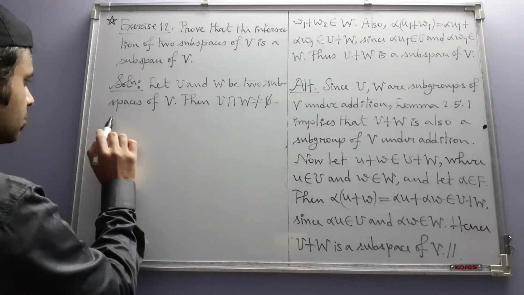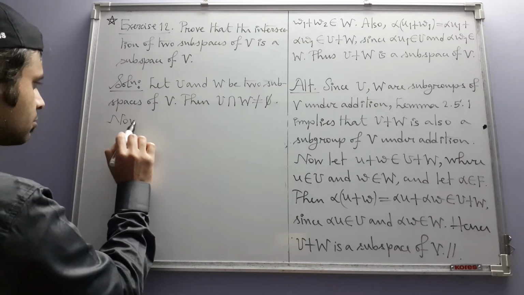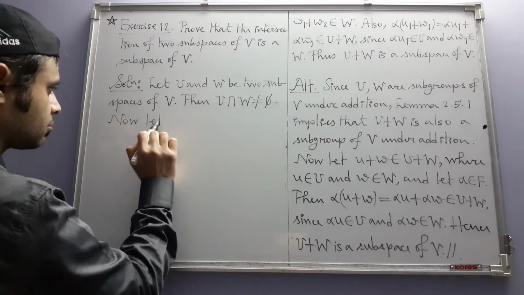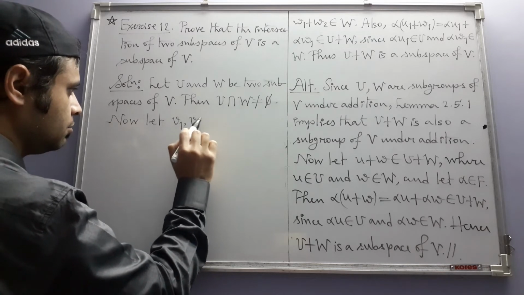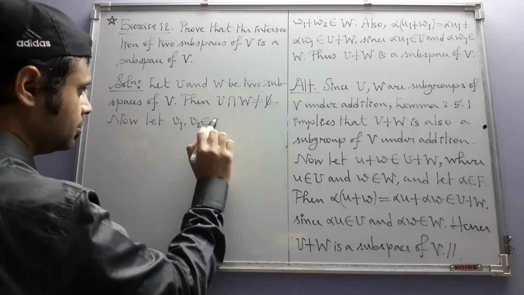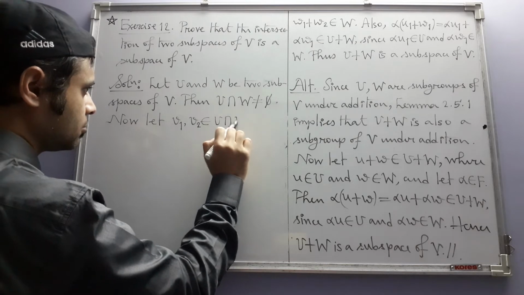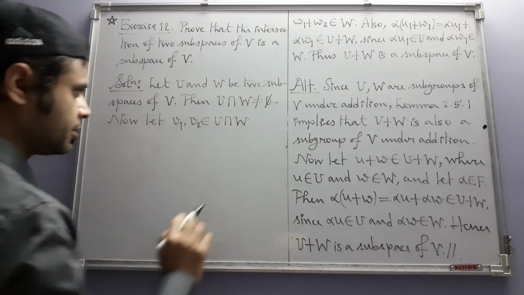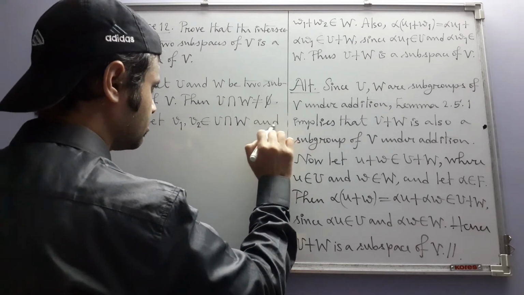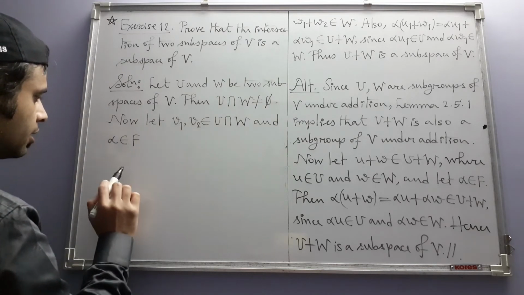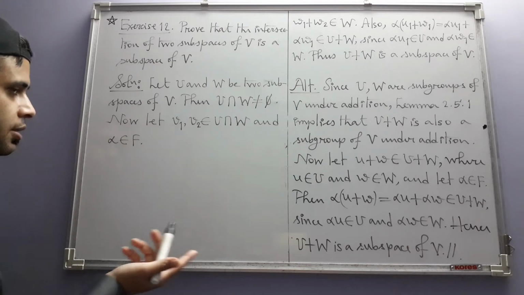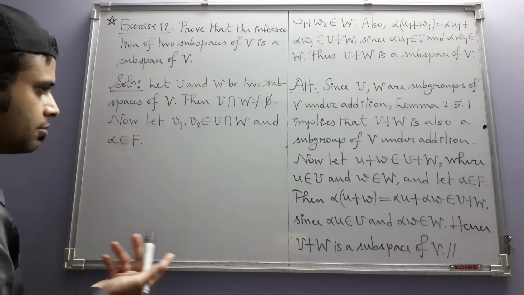Okay. Now let V1 and V2 be two elements in the intersection and alpha be a scalar, where F is the underlying field, not writing that again.